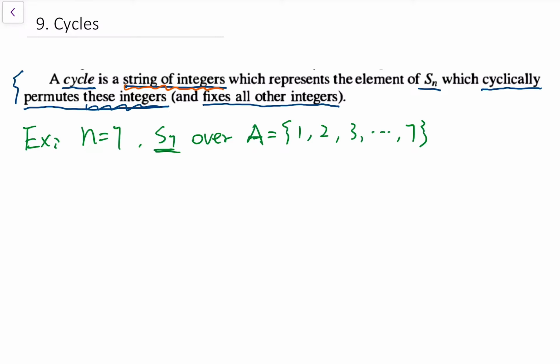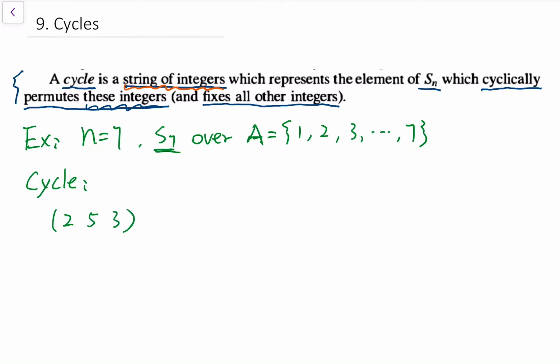And then we can think about the cycles now. Let's look at the first example of a cycle. We can think about a cycle like this: (2 5 3).